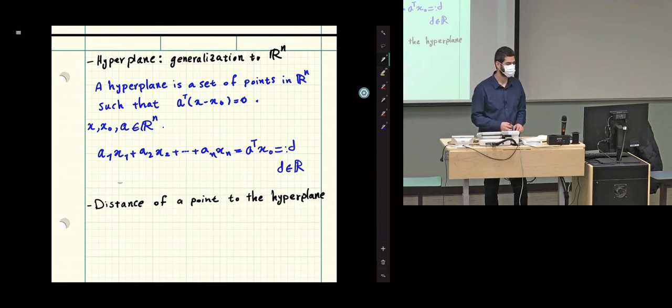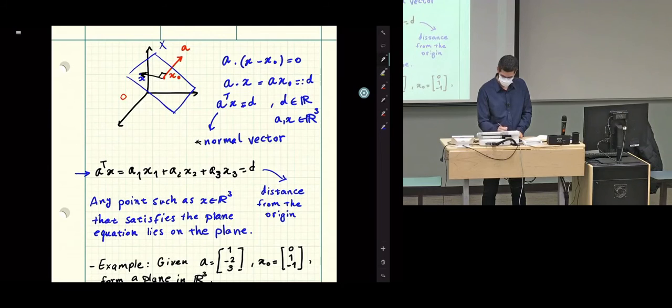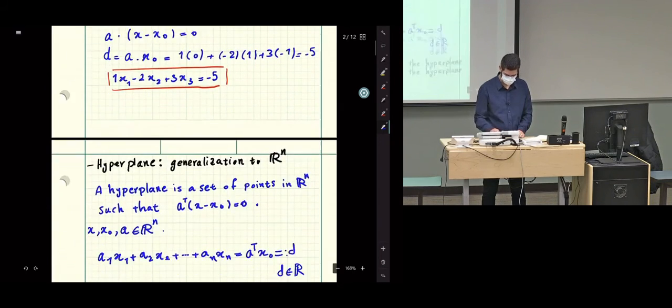So you might have seen point to line, point to plane distance metrics. Well, we could generalize it, meaning if you have any point in the space, this point here, if I want to know what's the distance of this point to the plane, there is a way for me to know it. And I'm going to redraw here.